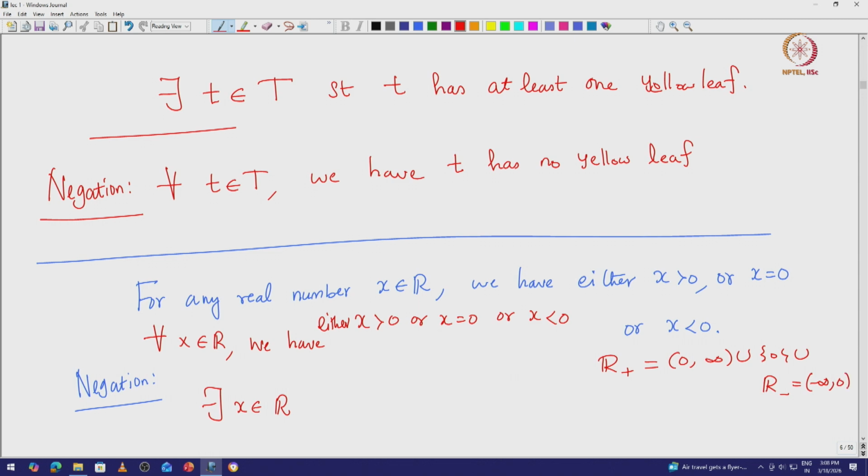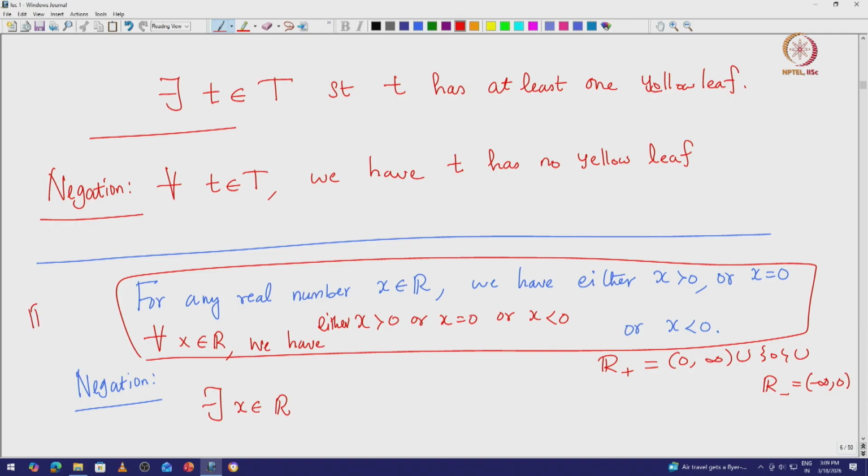So, now this statement says that R is indeed equal to R plus union {0} union R minus. So, that means what?